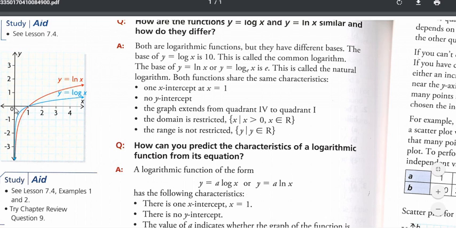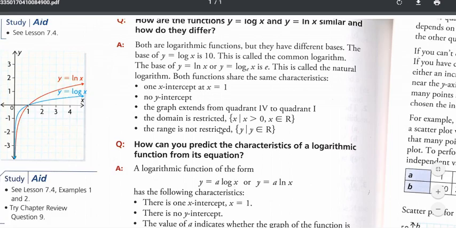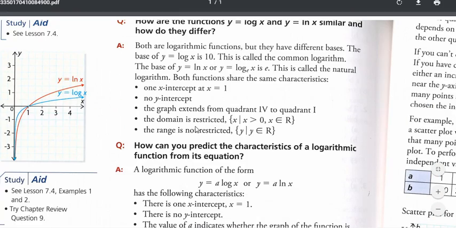It's only x values that are greater than 0, so there are no negatives. But the y values, the range, is unrestricted. It can be anything from negative infinity way down here to positive infinity, everything between. So those are the characteristics of ln and log. Questions on that before we move on?